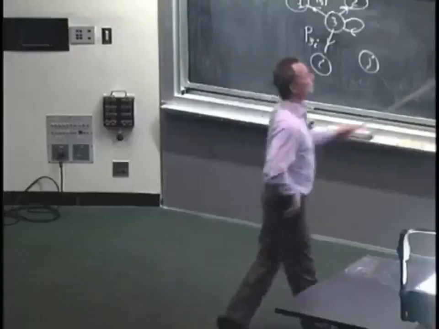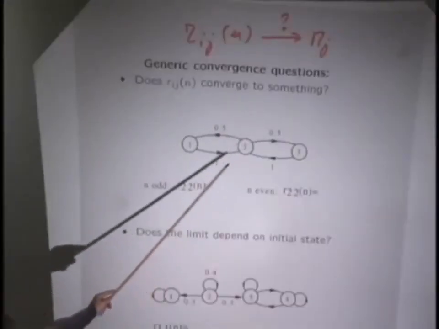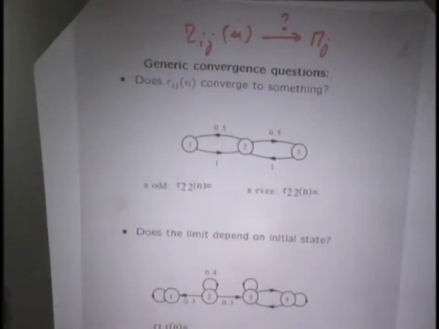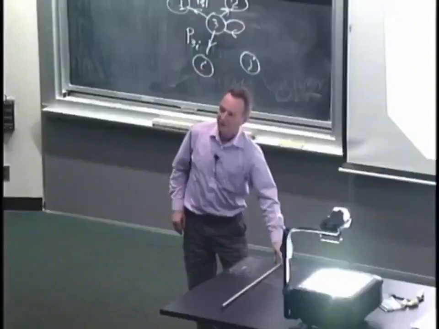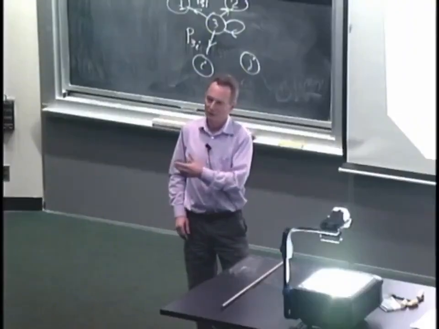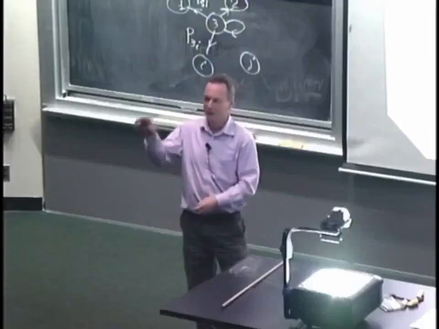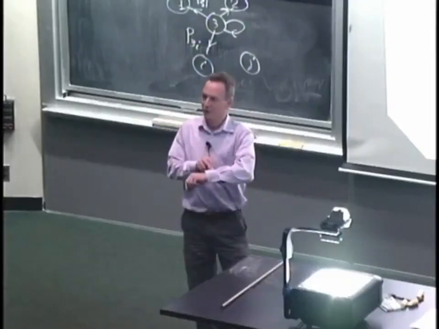So let's think first about the issue of convergence. Convergence as n goes to infinity, to a steady value, really means the following. If I tell you a lot of time has passed, then you'll tell me, okay, the probabilities are equal to that value without having to consult your clock.